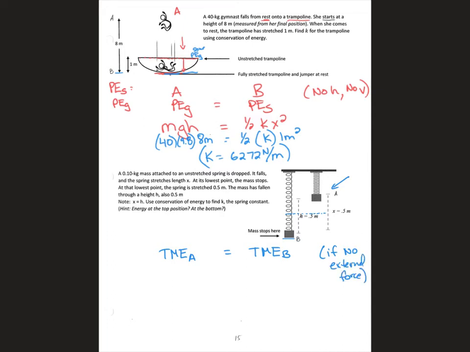No applied force, no tension force. Gravity is considered a conserved force, so it does not affect the total mechanical energy. Well, at A, the spring is basically at rest, but it's elevated above its lower position, and it falls. So at the very top, it has a form of potential energy.